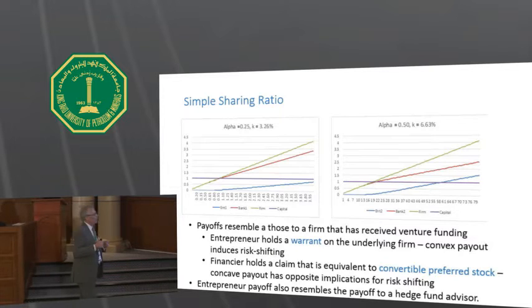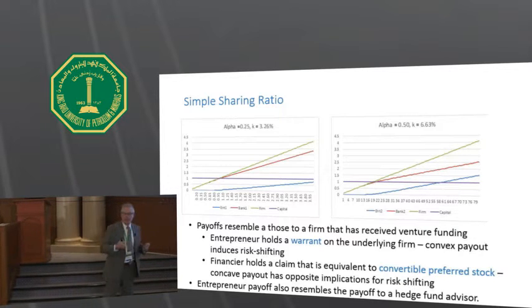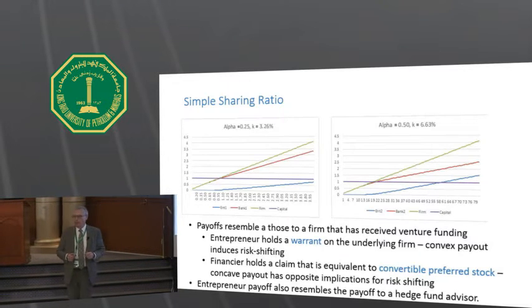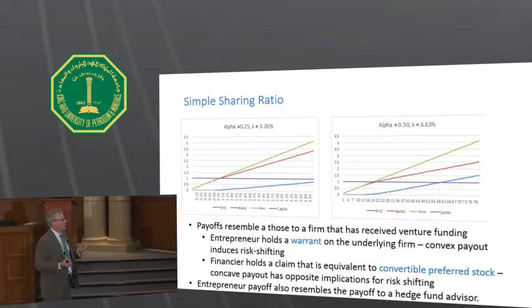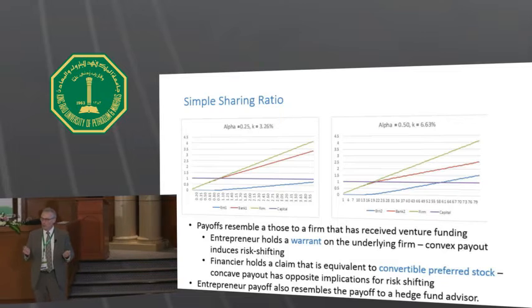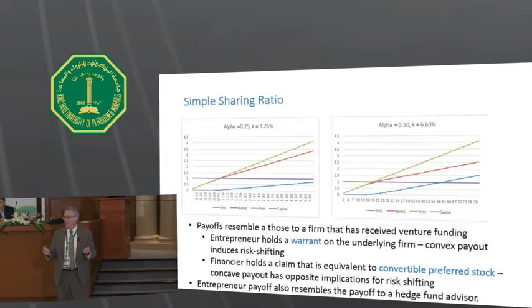Now, the warrant claim is a convex claim, right? It's a convex payout. The convertible preferred stock is a concave payout. And this is why I thought it could be really productive to think about the agency-based explanations, because you have these risk-shifting opportunities.